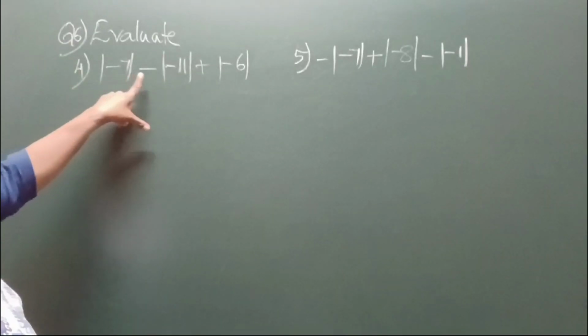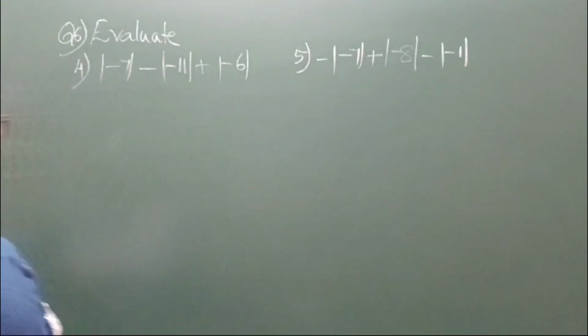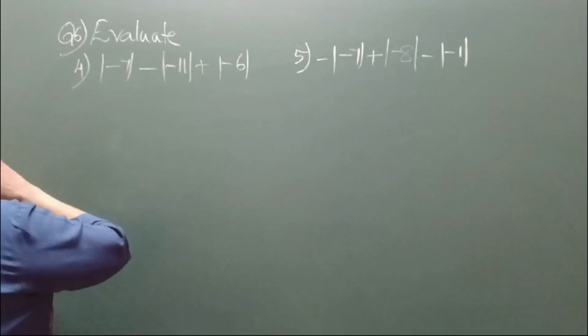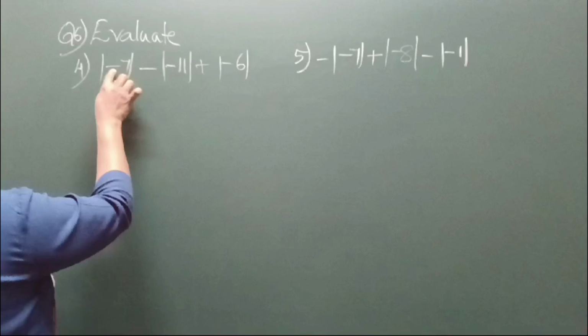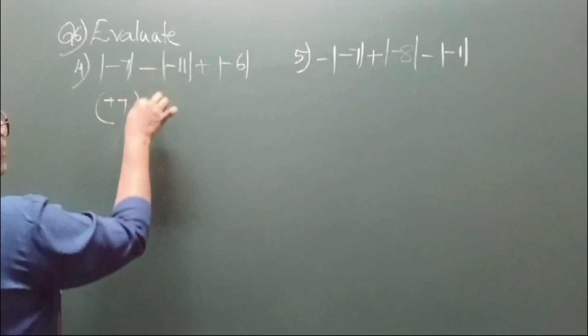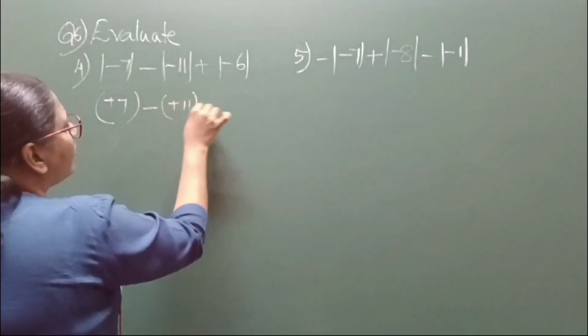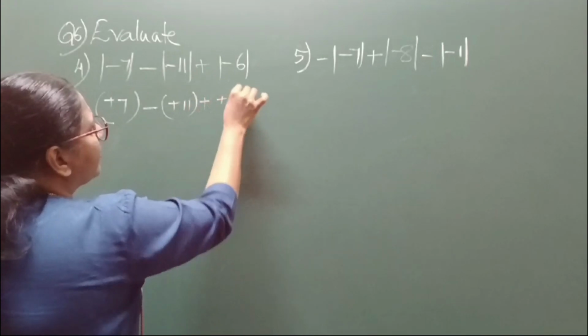Minus 7 minus minus 11 plus minus 6. So let's remove this symbol using simple bracket. Plus 7, minus as it is, then again this is plus 11, plus as it is, then this is plus 6.